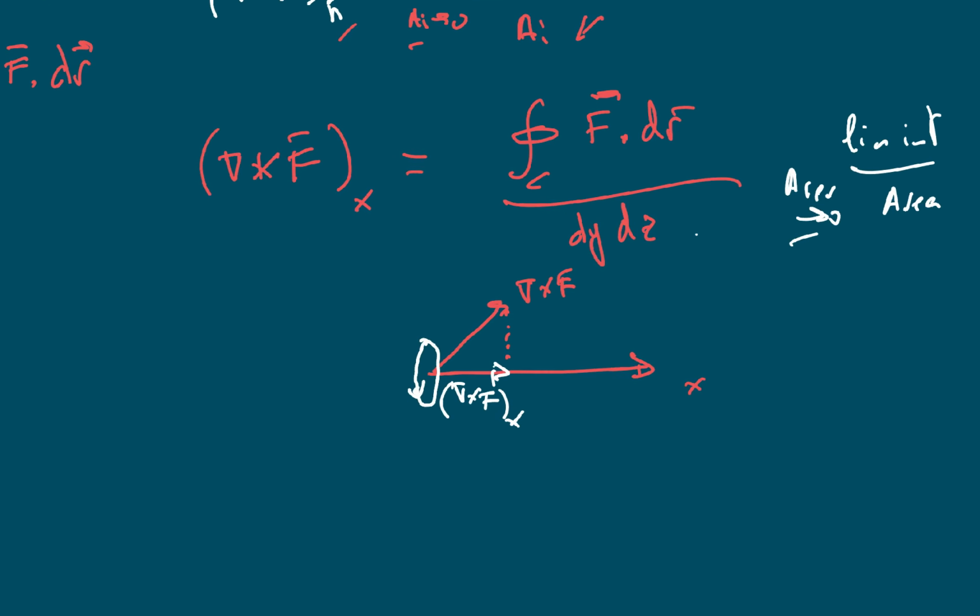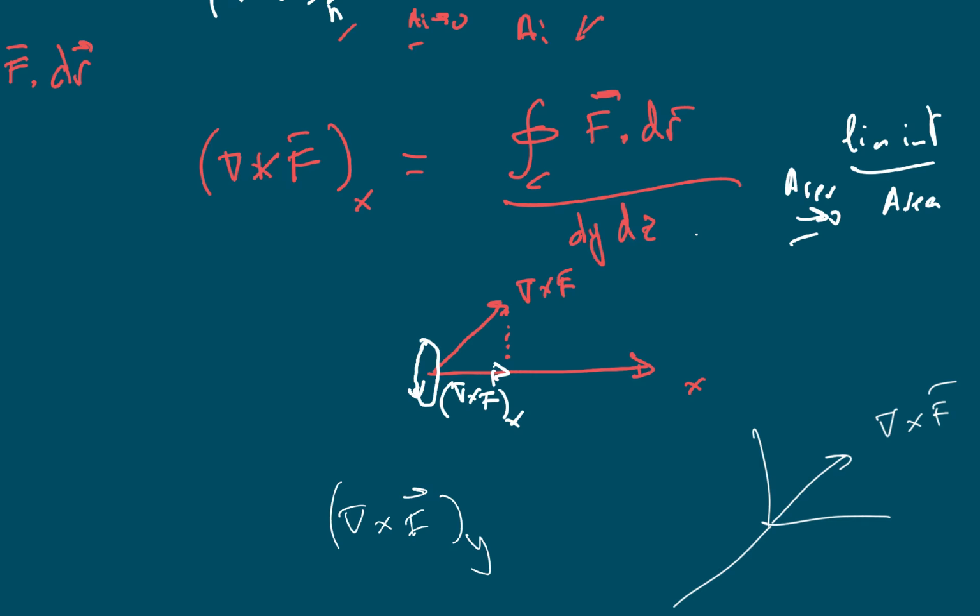So what is the curl of F in the y direction? Well, you will have the curl of F in some direction. What is the magnitude of the curl of F? How will you calculate it?